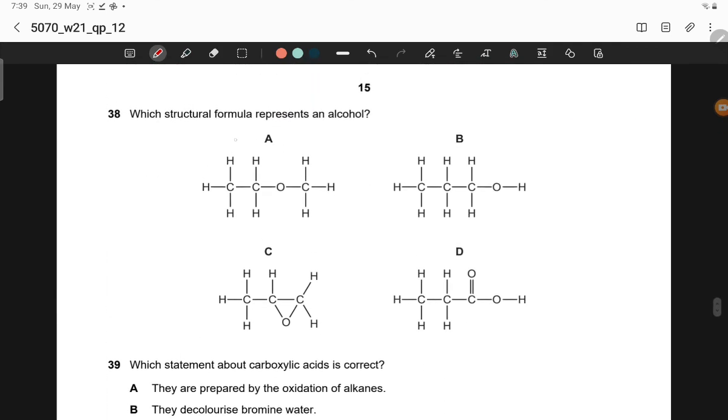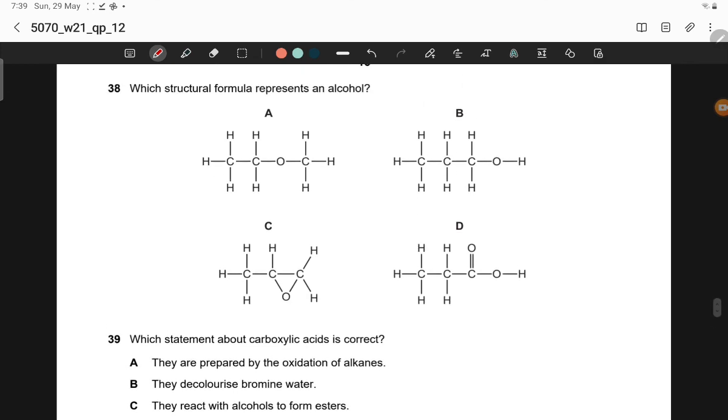Question number 38. Which structural formula represents an alcohol? B. It is an ether.